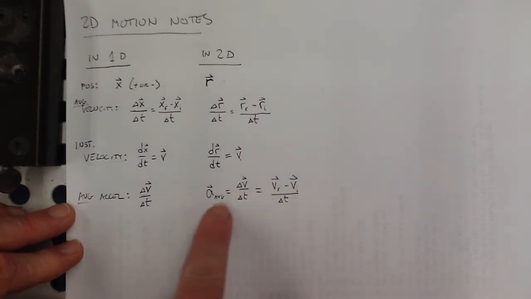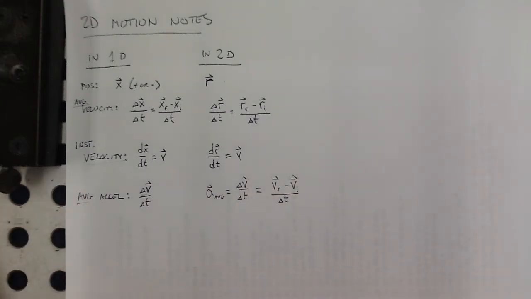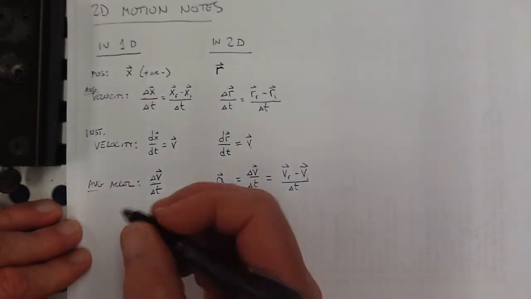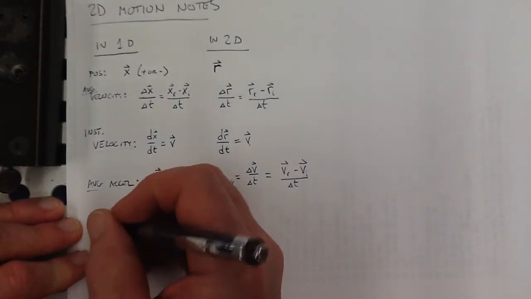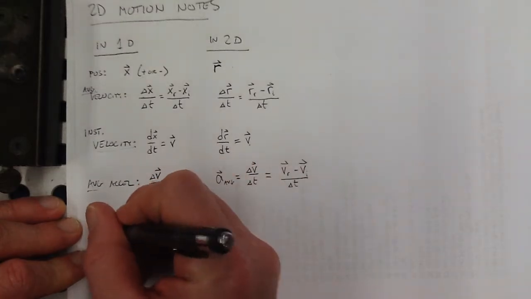Do you need the magnitude and direction of this average acceleration? Well, sure. You know how to do that, right? It's just vectors, easy vector stuff. And let's see. What else do I need to tell you? I don't really think that there's a whole lot else that I need to tell you. Oh, yeah, I do need to tell you a couple more things.